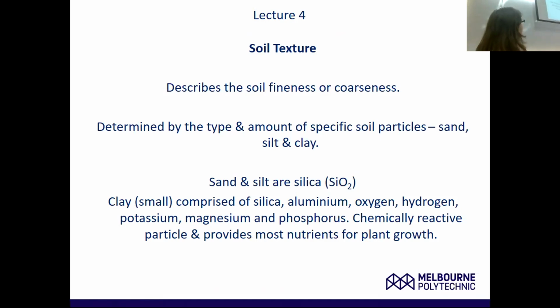So we have sand and silt, which are made from silica. We have clay. We have aluminium, oxygen, hydrogen, potassium, magnesium and phosphorus, all chemically reactive and all provide components for plant growth, which are very important, but can all determine and influence your soil texture.